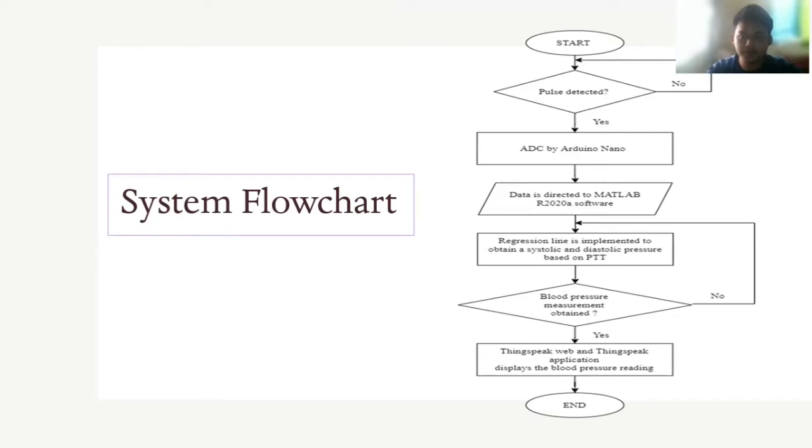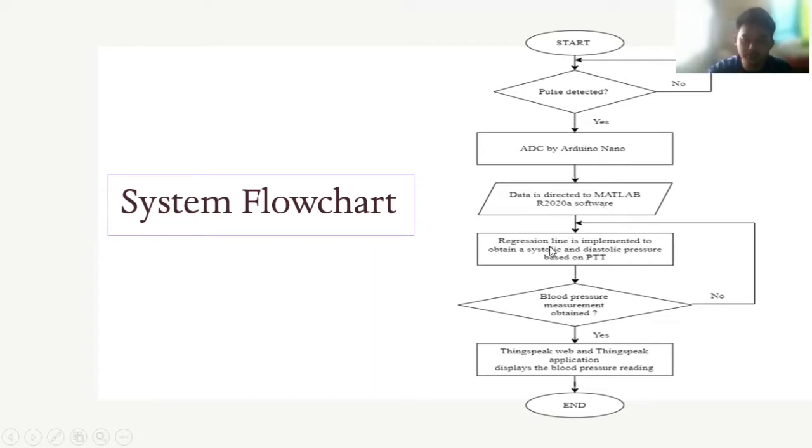In the system flowchart, we start and go to the pulse detector. If the condition is yes, we go to the ADC by Arduino Nano. If no, we return to start. Then the data is directed to MATLAB R2020 software.